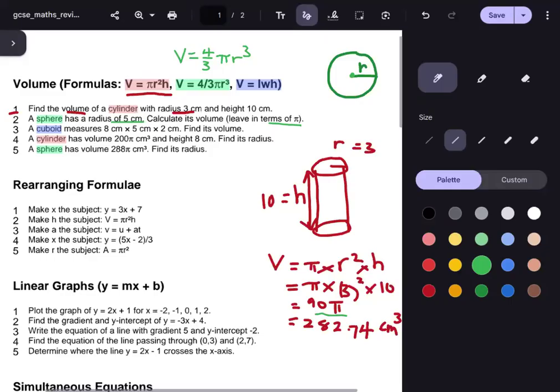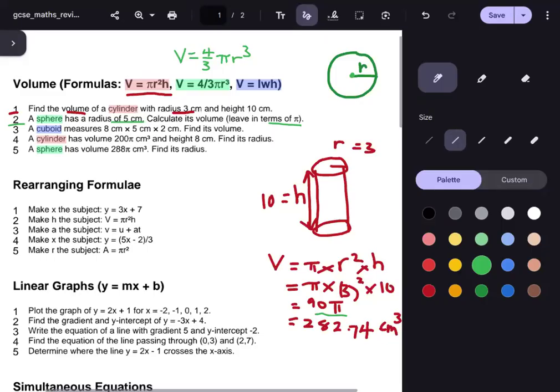Am I doing the second formula? Sorry about that. Yes, you're doing the second formula and question number 2. I've highlighted the formula in green for the different shapes. I've color coded them. So for a sphere, the formula is the second one.